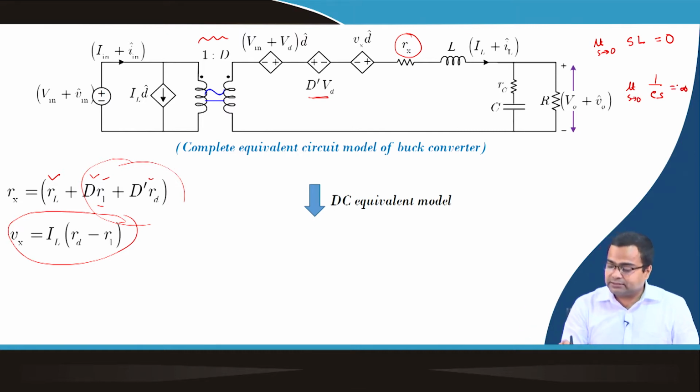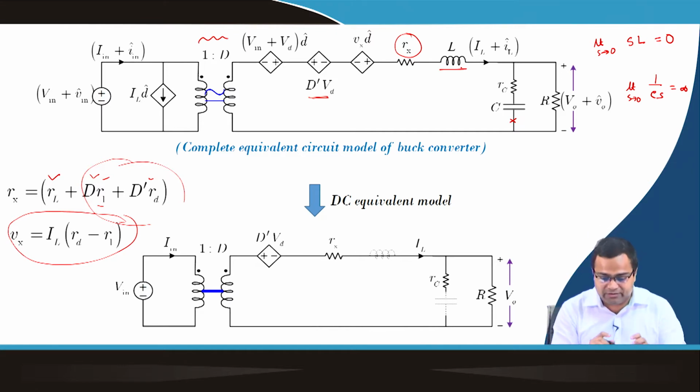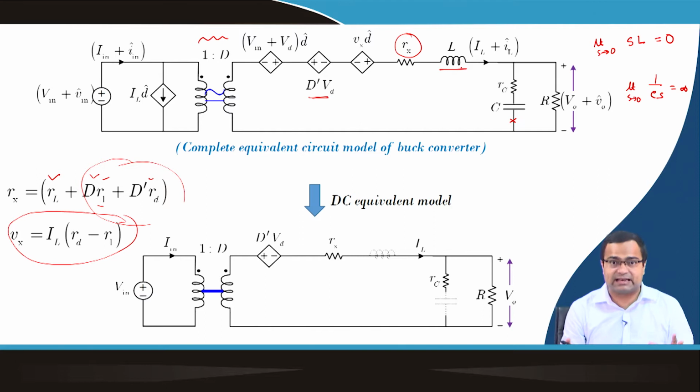That means this circuit should be open and this circuit should be shorted, and this is exactly the DC equivalent circuit. That is the beauty of this technique, that we can very easily obtain the equivalent DC circuit simply by shorting the inductor and opening the capacitor.